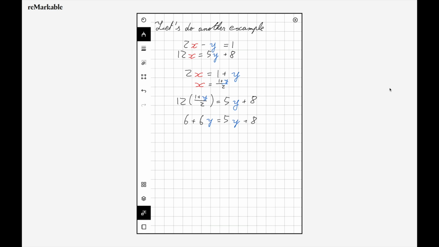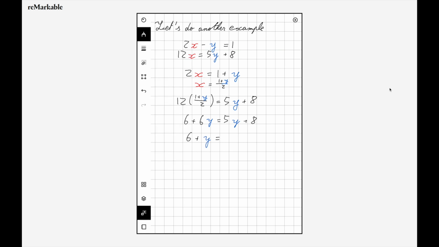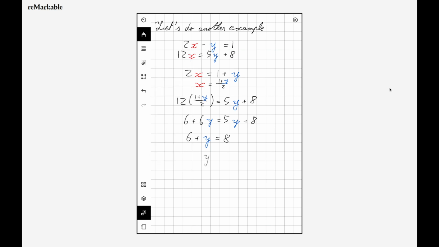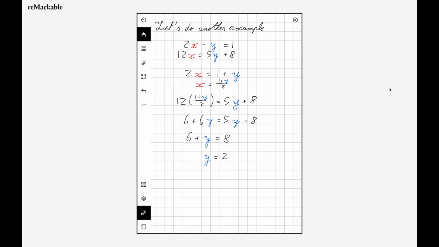Minus 5y on both sides. 6 plus y is equal to 8. y is equal to 2. All right, let's plug in y equals 2 in our expression. And what do we get?